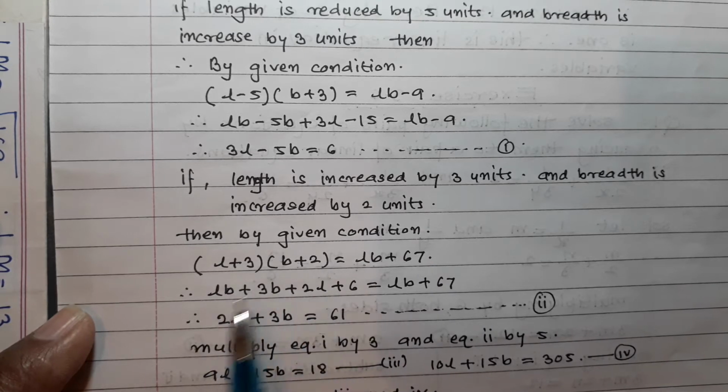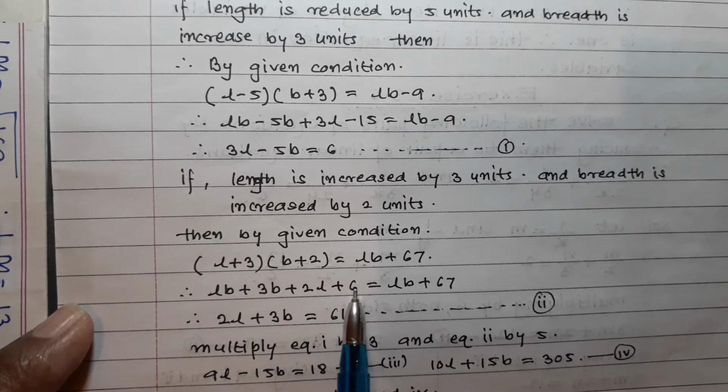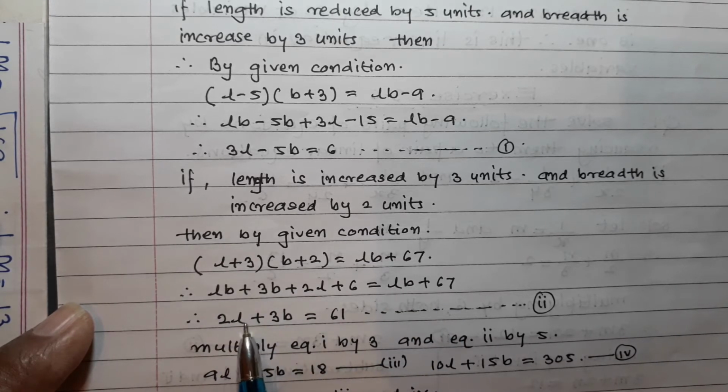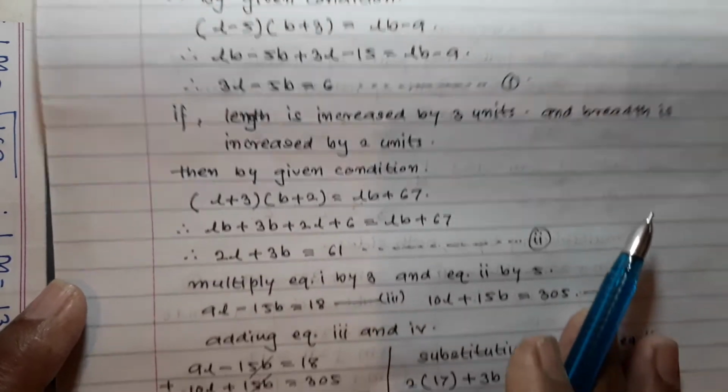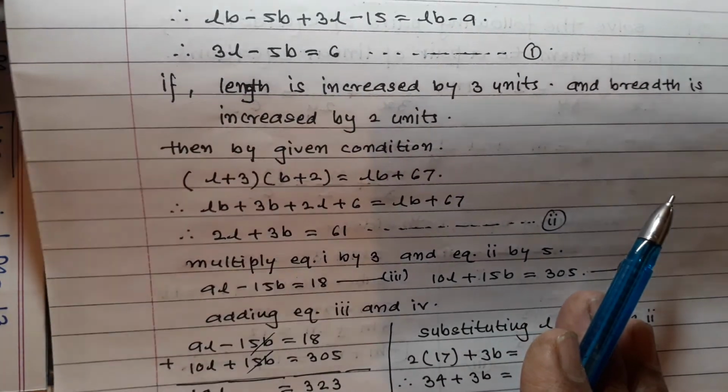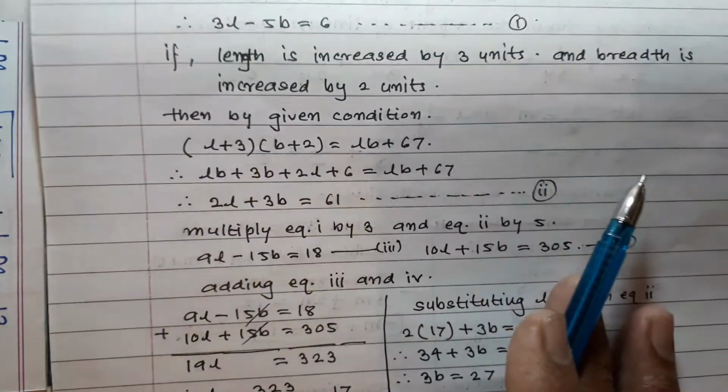If you simplify this, LB plus 3B plus 2L plus 6 is equal to LB plus 67. Again LB gets cancelled, and 2L plus 3B is equal to, transferring 6 to this side, 67 minus 6, which is 61. This is equation number 2. Now observe equation number 1 and 2 and decide.